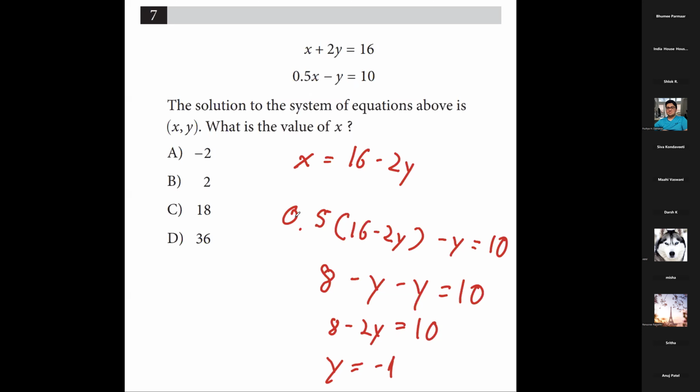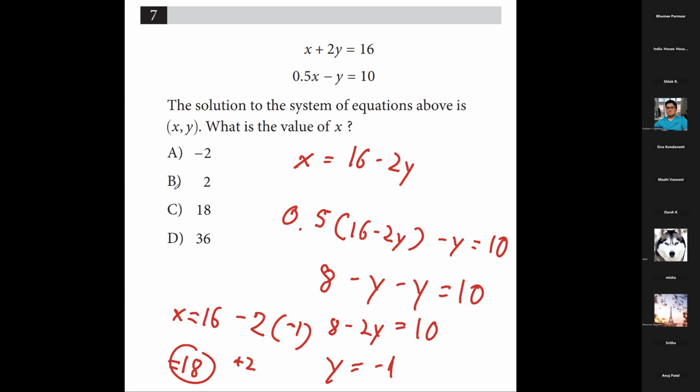And then we can plug that into our original equation. x equals 16 minus 2y, so x equals 16 minus 2 times -1. -1 times -2 is +2, so 16 plus 2, which is equal to 18.